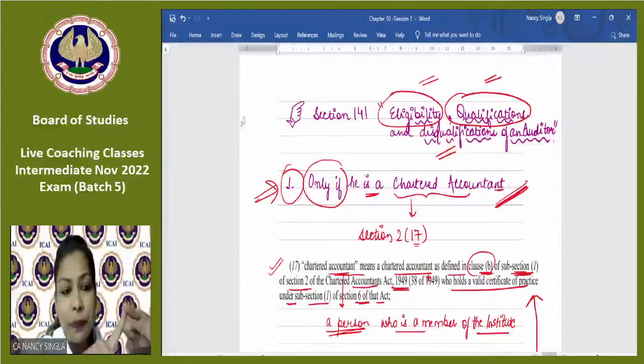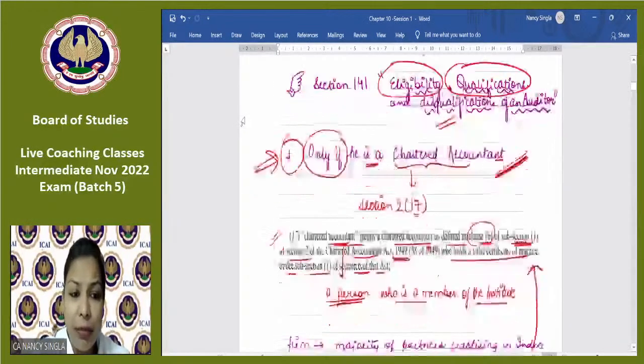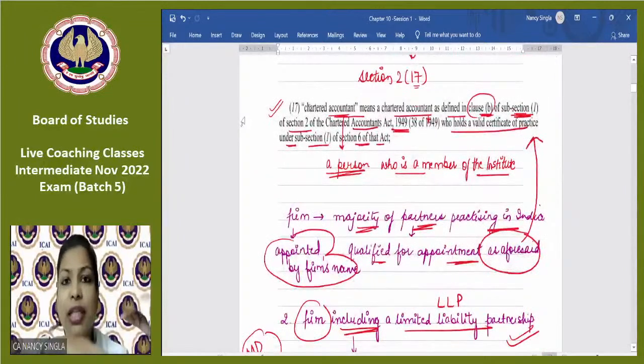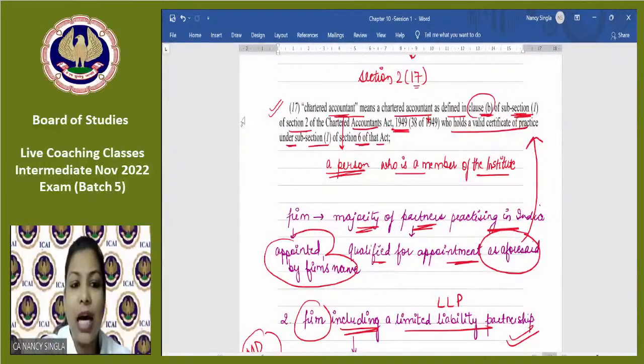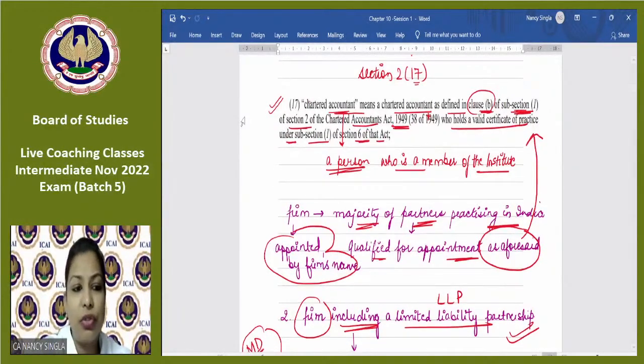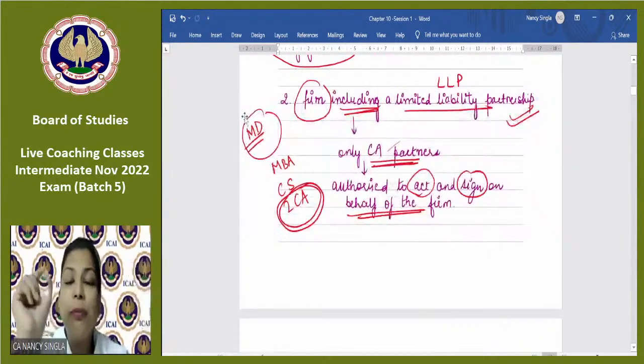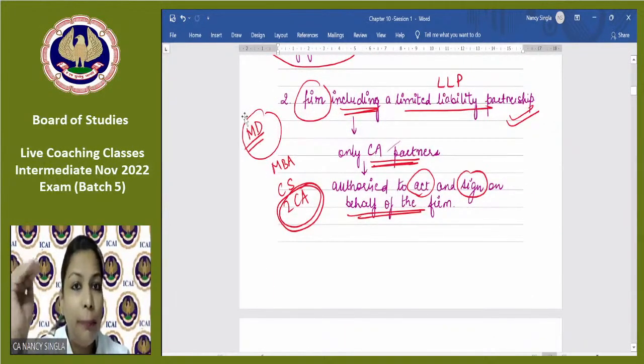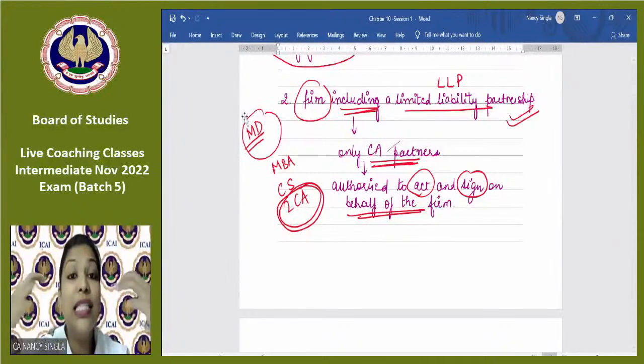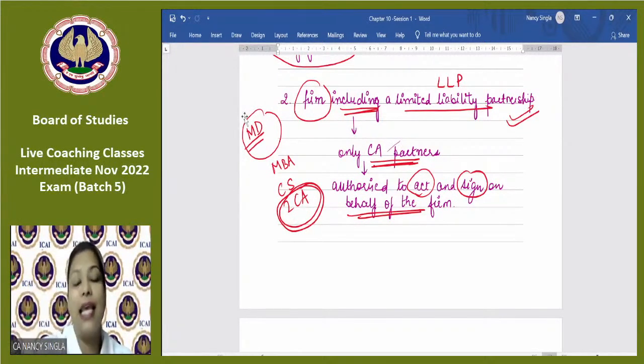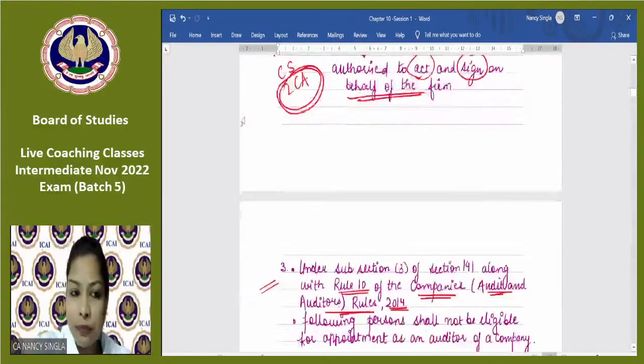A firm of chartered accountants can be appointed as auditor in the firm's name if the majority of the partners practicing in India are chartered accountants, qualified for appointment as aforesaid. Second, a firm including LLP is eligible, but in that case, only the CA partners are authorized to act and sign the audit report on behalf of the firm.